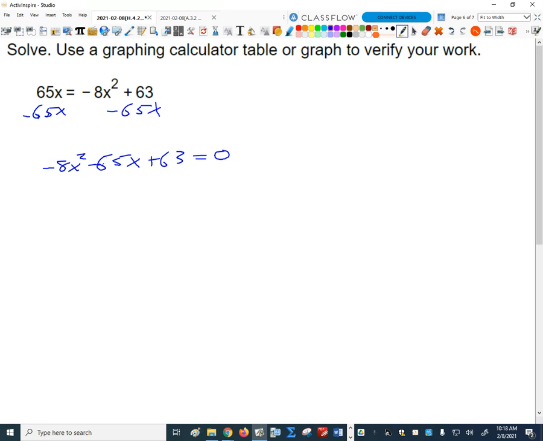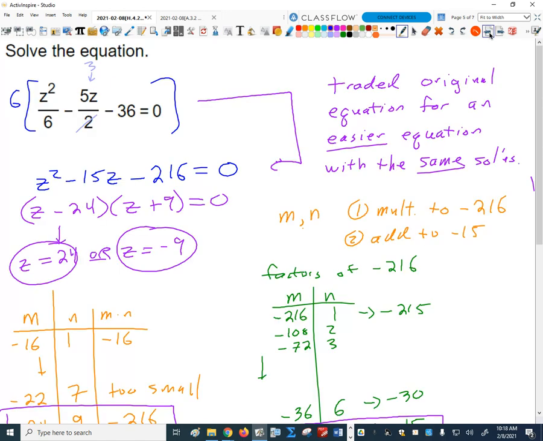And I never really want to have a negative value of a. It always makes it harder, okay? So if I've got a situation like this where I've got a negative value of a and I've got my quadratic equation in standard form, we're going to do something similar to what we did up here. We're just going to make an easier equation, right? Last time we distributed a 6 through to clear the fractions.